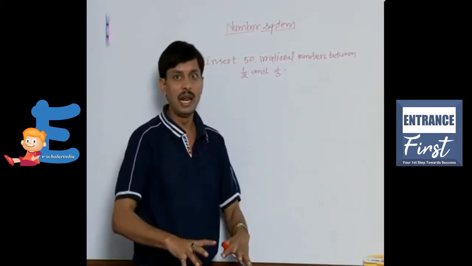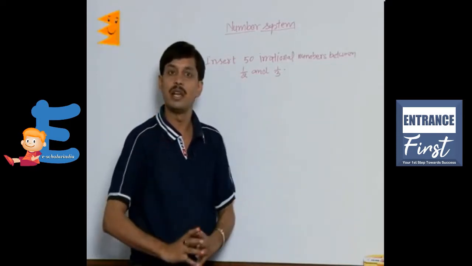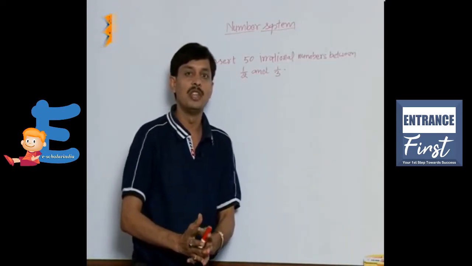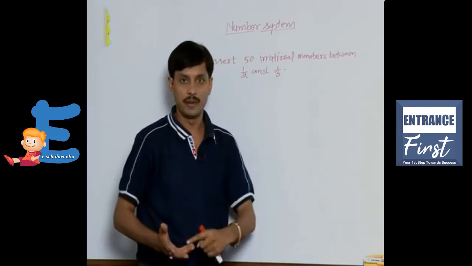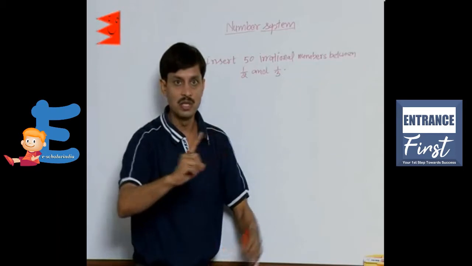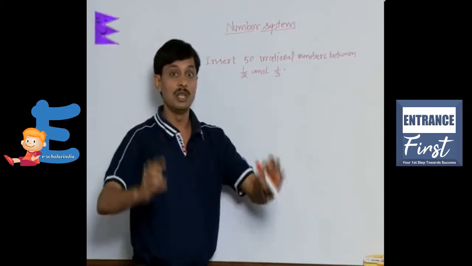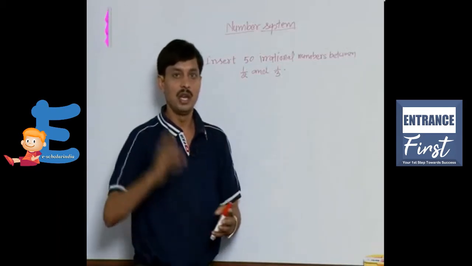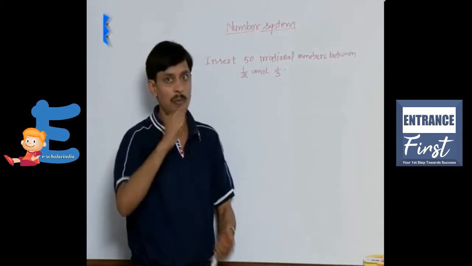You know it well, when you convert any rational number into its decimal form, there are two types of possibilities. Type A, where the division will terminate, or type B, where the division will not terminate. If the division will not terminate, then it will repeat.